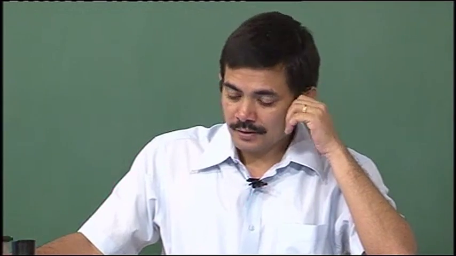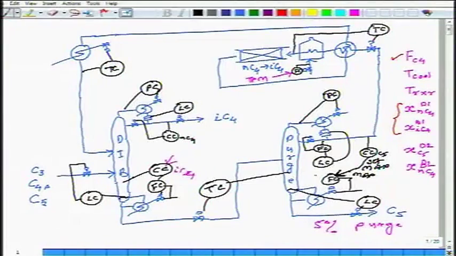If I control it with the conventional way like this, what's the problem? The problem is boil up hits the maximum constraint. Then I lose control of that. The moment boil up hits maximum, it will not be in my hands how much is leaking down.